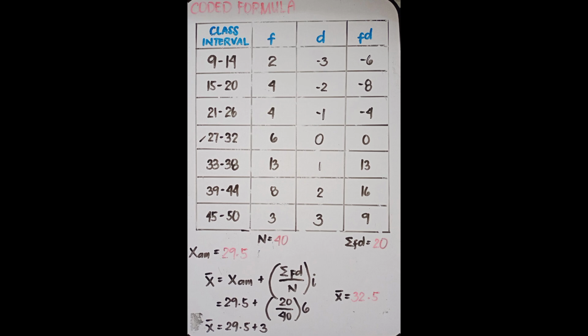Mean equals assumed mean plus summation of fd over n times the interval. Assumed mean, which is 29.5, plus summation of fd, which is 20, over n, 40, times the interval, which is 6. Therefore, the mean is 32.5, which is the same when we solve the problem using the class mark formula.